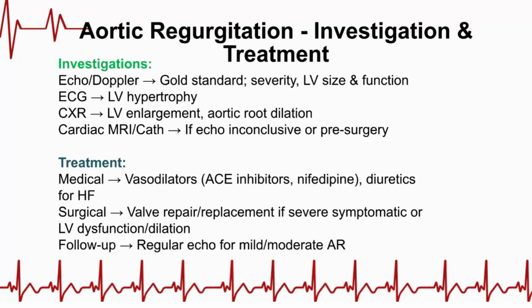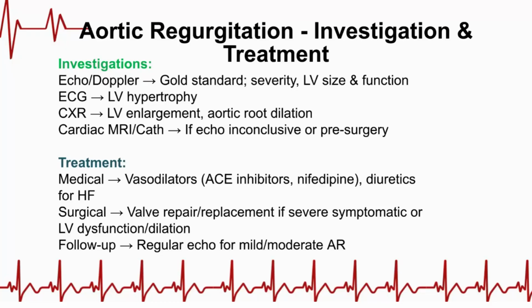Therefore comes in our good old friend echo. So in order to diagnose somebody with aortic regurgitation, if you have that suspicion, we do an echo and also a Doppler along with it. So we can look at the severity of the regurgitation, the LV size, the function, the valve area, and the overall blood flow.